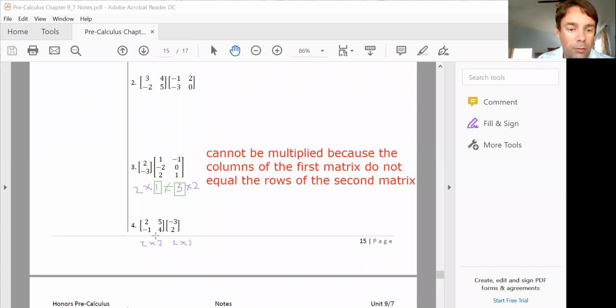we have 2s. That means my result then is going to be a 2 by a funny looking 1 apparently. 2 by 1.